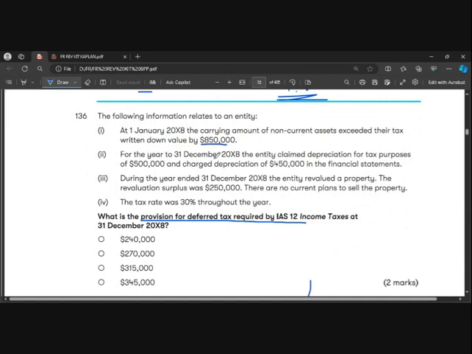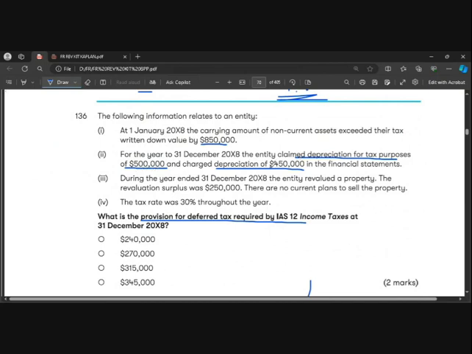Here the entity claimed depreciation for tax purposes 500, and we have already charged a depreciation of 450, but for tax purposes we need to charge 500.